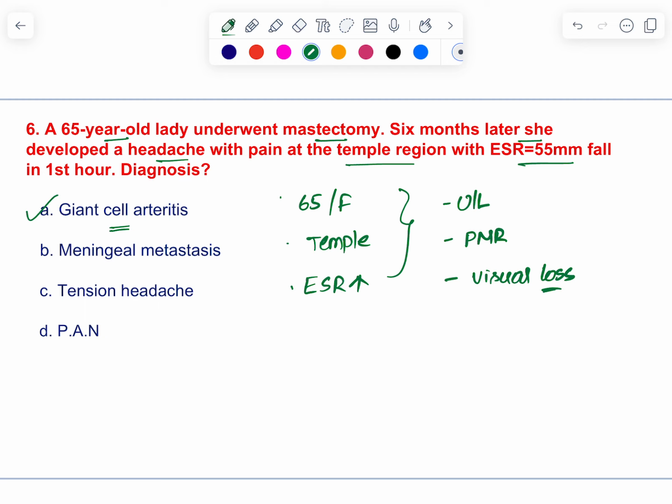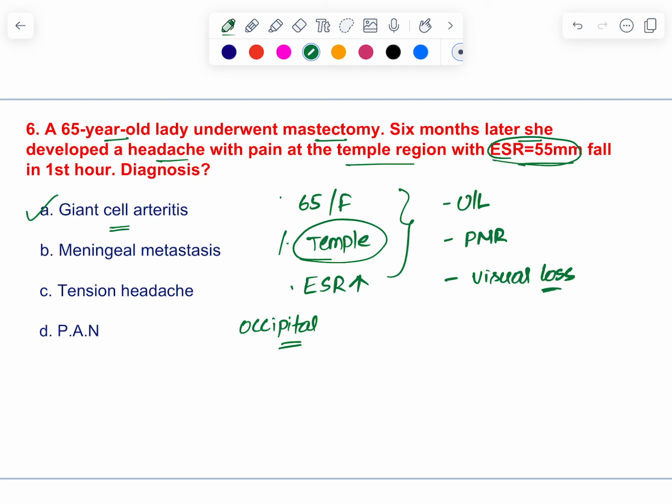And most of the time the headache is localized to the temporal region or the temple region, or occasionally the headache can even be in the occipital region, right? The headache can be in the occipital area as well. And what is the workup that you will do in case of giant cell arteritis? It is the ESR. There is raised ESR in patients with giant cell arteritis. So all these points are in favor of giant cell arteritis.